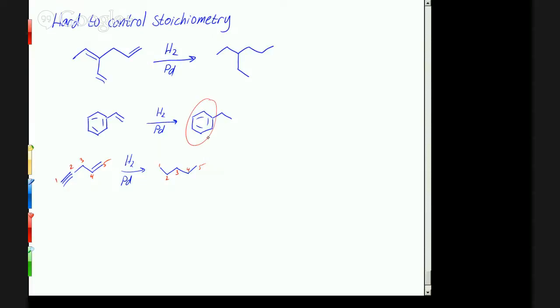So this is called benzene. So we need really strong hydrogenation conditions to do that if we wanted to. It's possible, but you need stronger reactants than what we have here.